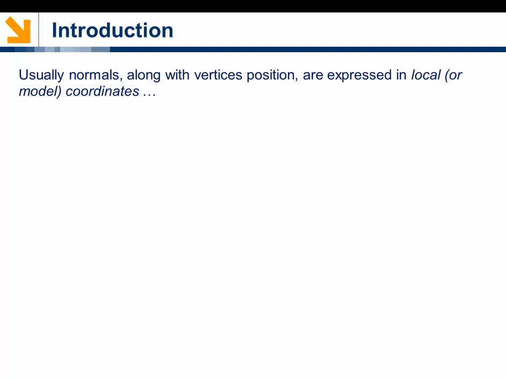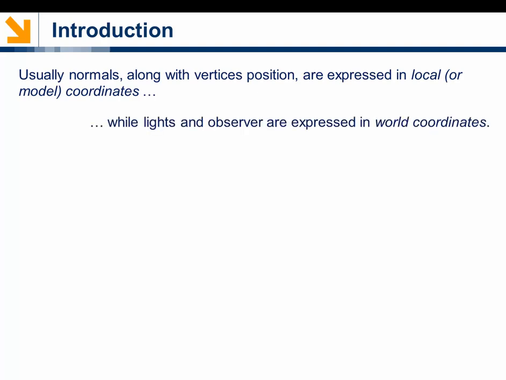There is a pivot point of the model, and all the vertices and normals are expressed relative to this pivot point, which is the center of the 3D world in which the object is represented. But usually lights and the observer are expressed in the world coordinates. I have some object, any number of objects, and I want to put those objects inside a bigger world in which they can be represented all together in different positions.